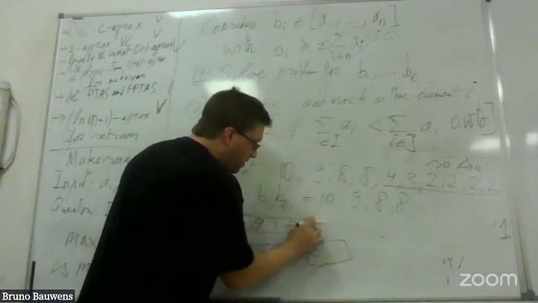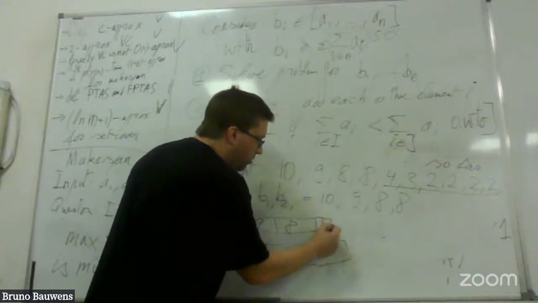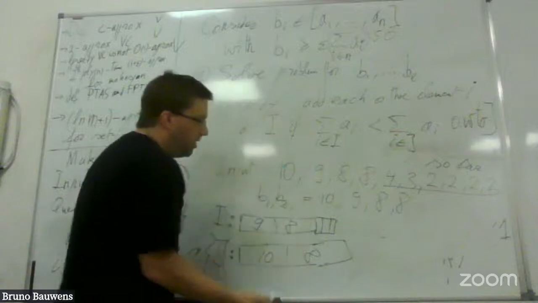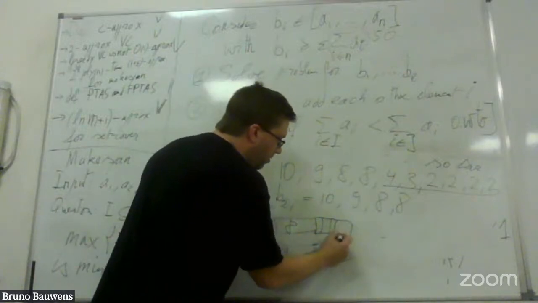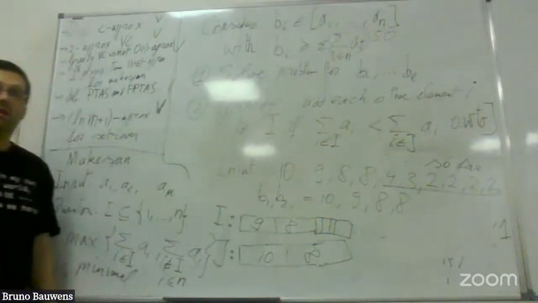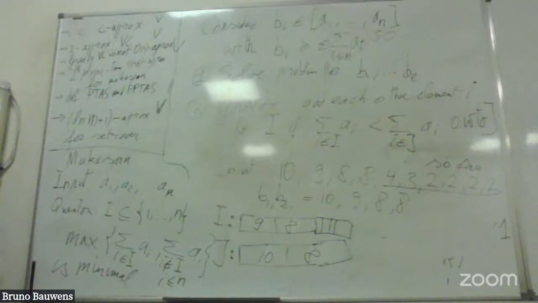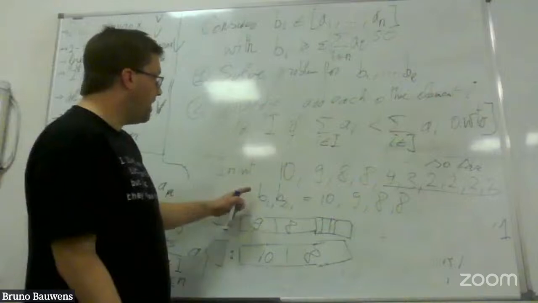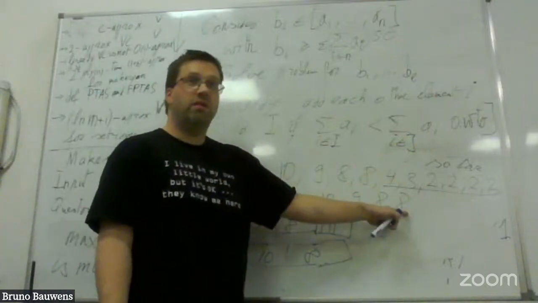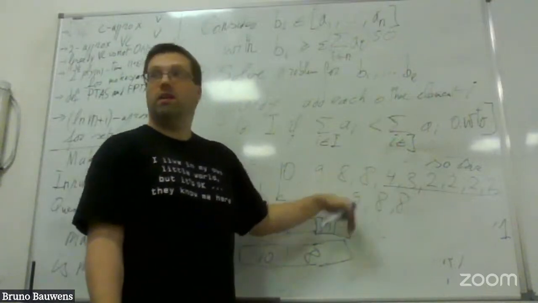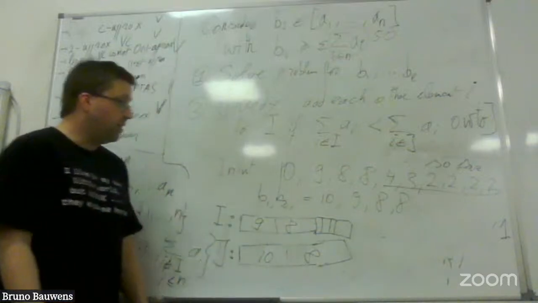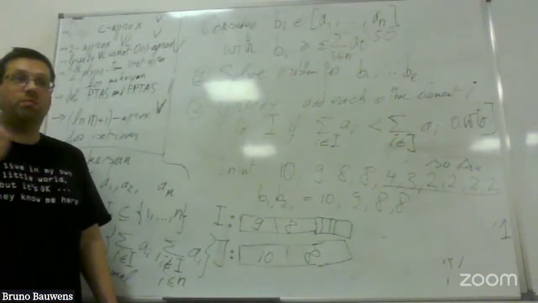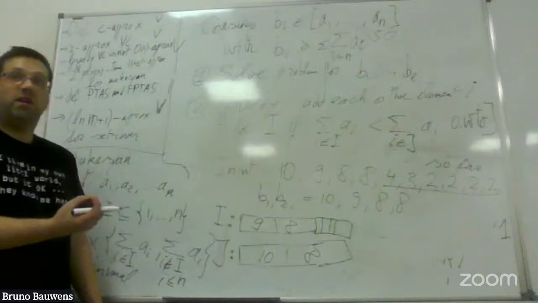We add a few small elements here, but we only use 1 core. Especially if we add them in sorted order, then the answer is exactly optimal. But in particular, we are at most epsilon from the optimal answer.